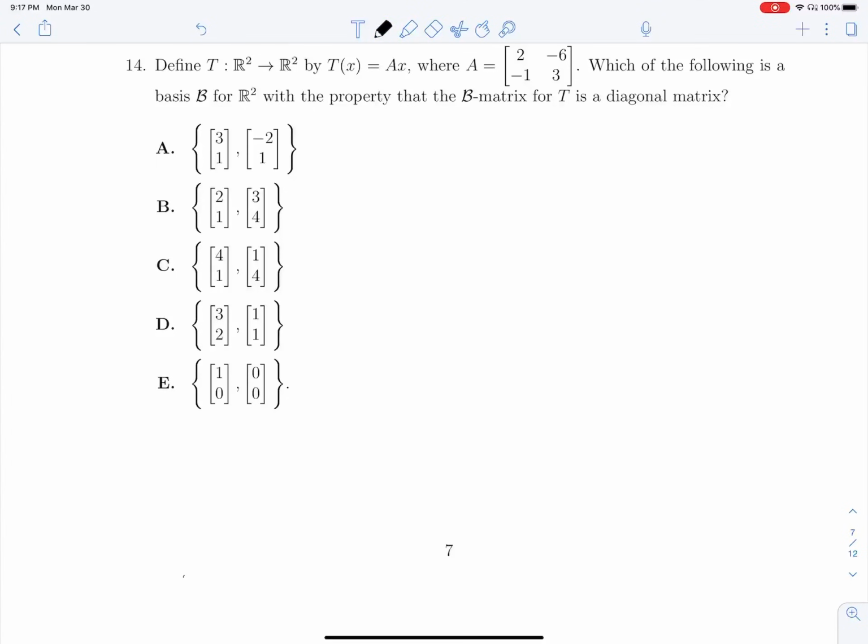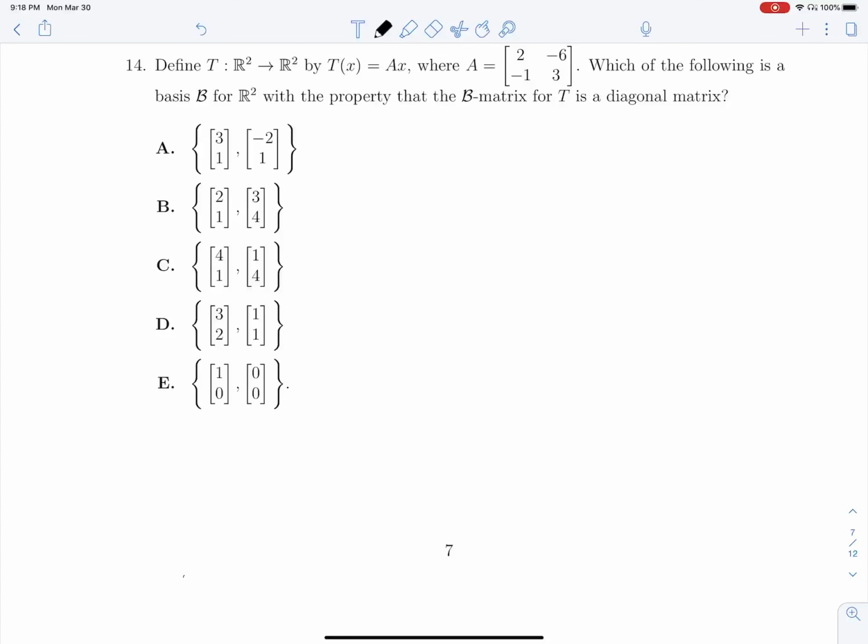The eigenbasis is going to be a basis composed of the eigenvectors of the matrix here, which is defining our transformation. And that's important because we know that along eigenvectors, vectors only get scaled.